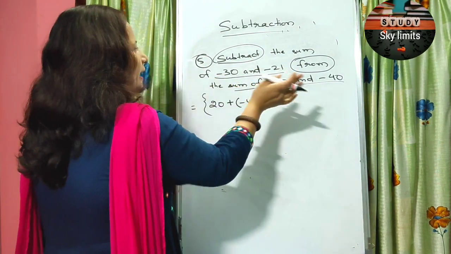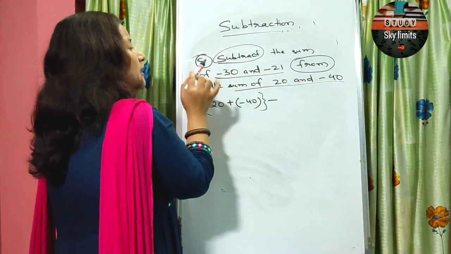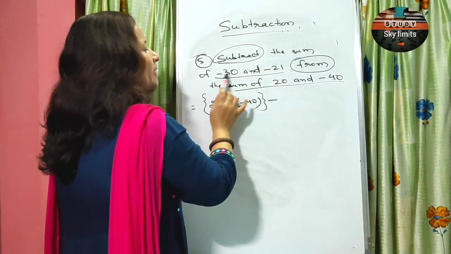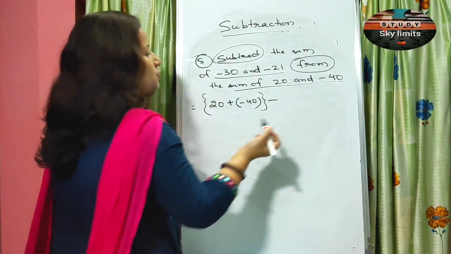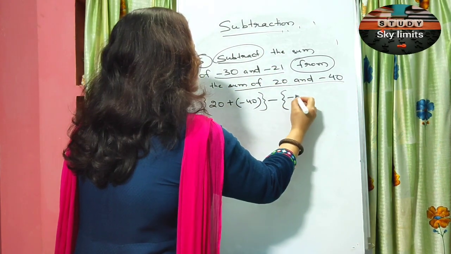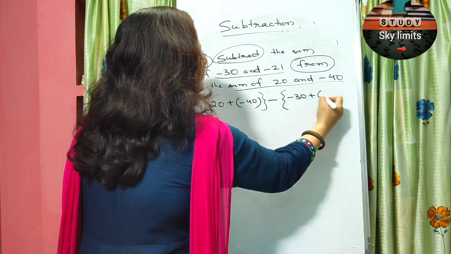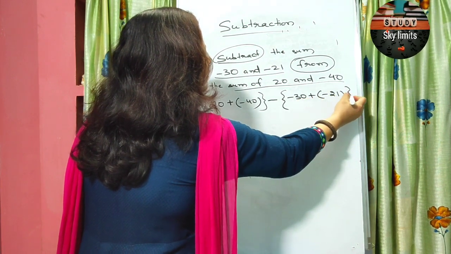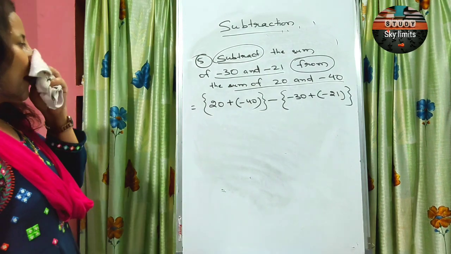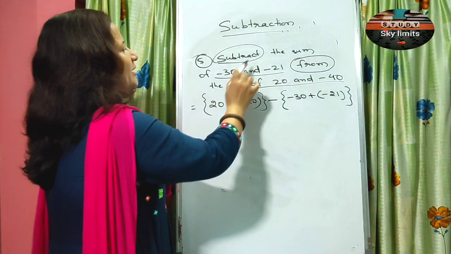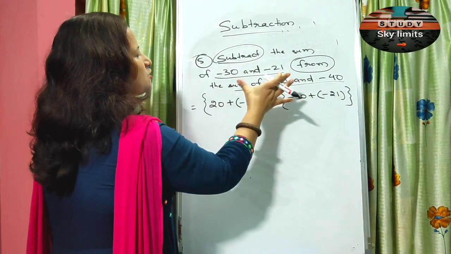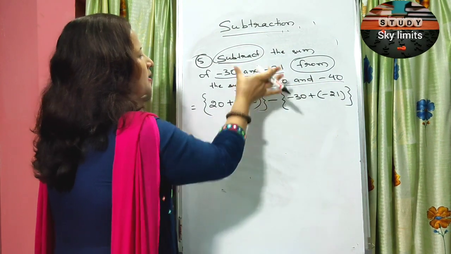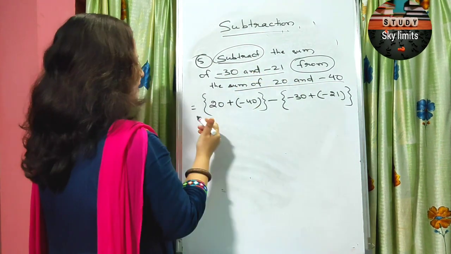Then again, what is the subtrahend here? The subtrahend is also the sum of minus 30 and minus 21. So let us write it down. Minus 30 plus minus 21. That means you are going to subtract the sum of this from the sum of this. So the sum of this is the minuend. The sum of this is the subtrahend.